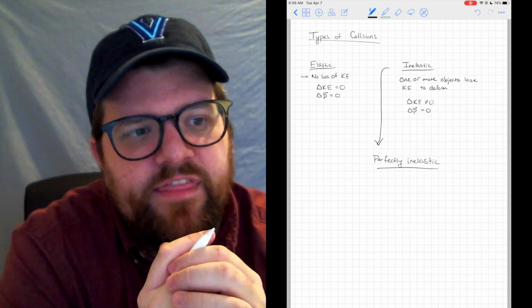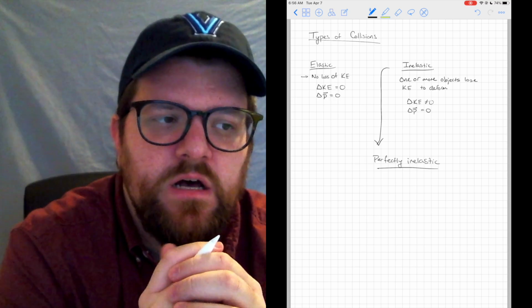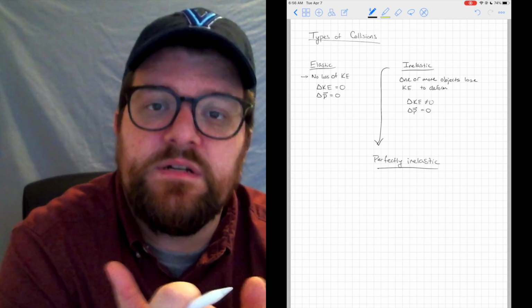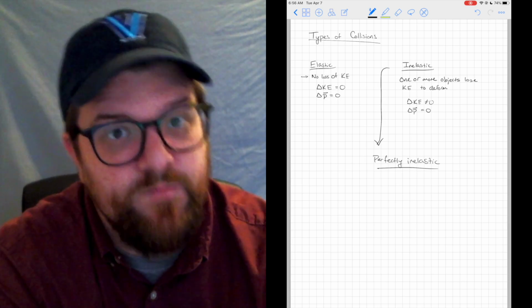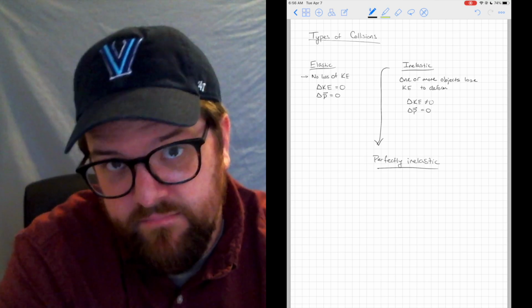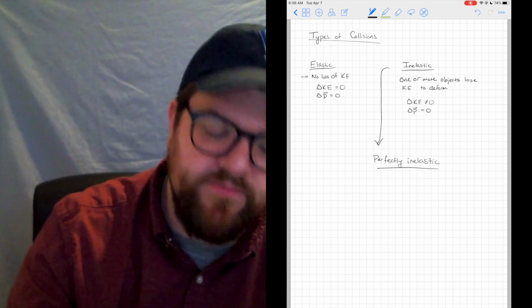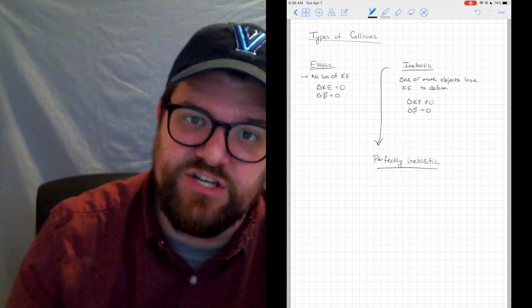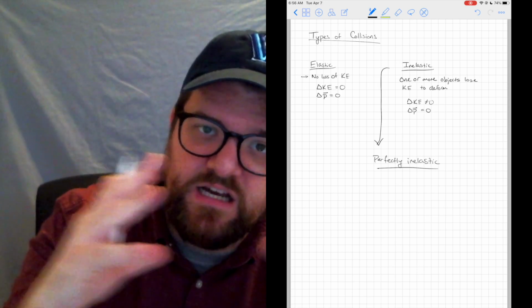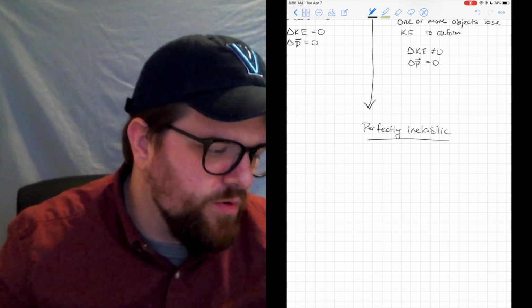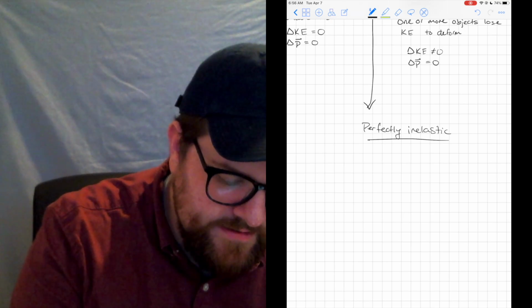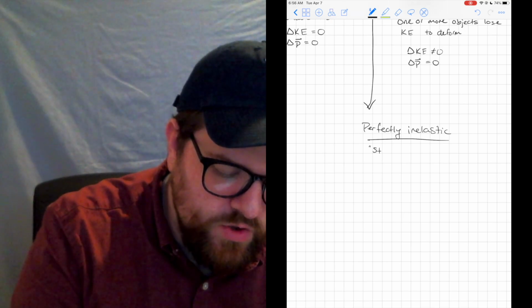So something like that is a really good example of how you can deform, but still bounce to a certain extent. I know we don't think about cars bouncing very much, but that's kind of what's going on here. For a perfectly inelastic collision, our two objects that collide are sticking together. That's kind of how we're thinking about this in colloquial terms.